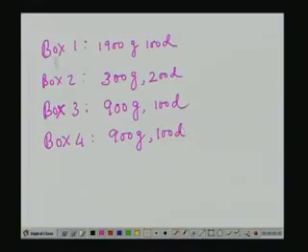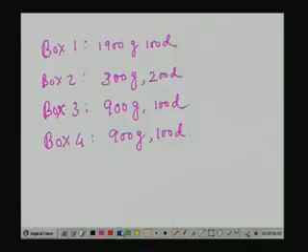To answer that, first we see that the boxes are chosen purely at random and there is no particular preference for a special box, maybe box 1, box 2, box 3 or box 4. The probability that I choose box 1, say B1, or B2 or B3 or B4, is 1 by 4, because it is uniform.